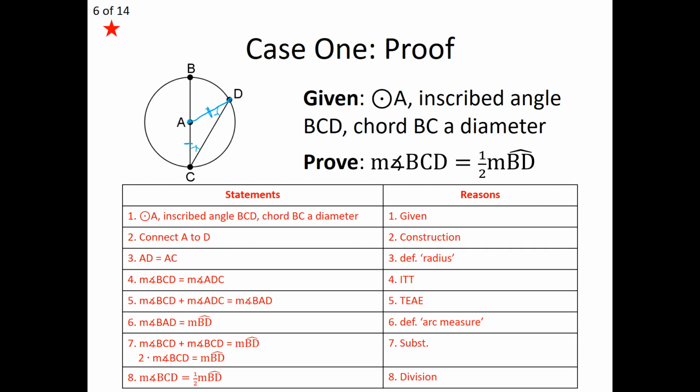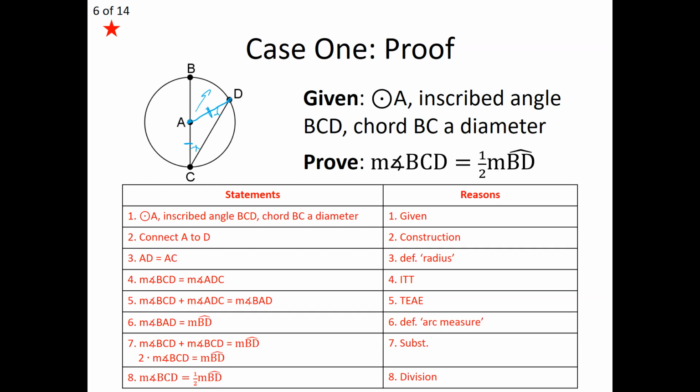It's more than just an exterior angle, it's a central angle as well, which means it's cutting the arc BD. And that's going to be our main relationship that we're going to build between our inscribed angle and our central angle, and that central angle is going to build it into the arc that it cuts, which happens to be the same arc that the inscribed angle is cutting.